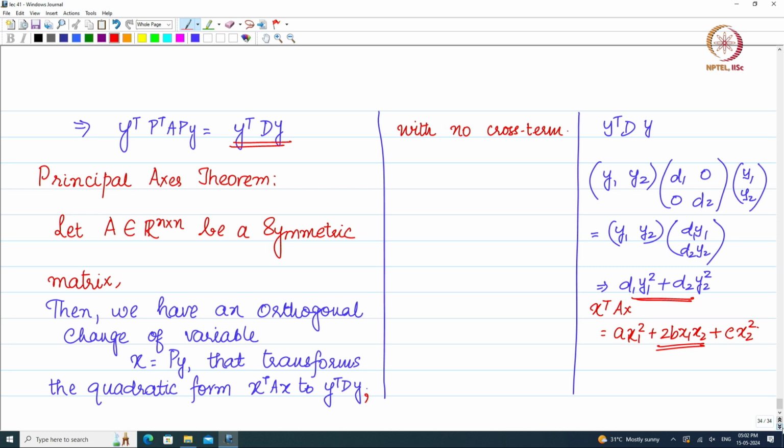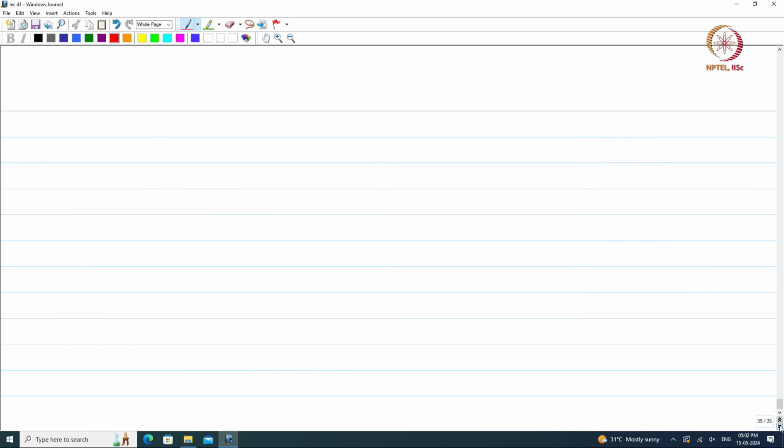So we have certain classifications of this quadratic form. Let us look at this. You can classify your quadratic form as positive definite, and so on.